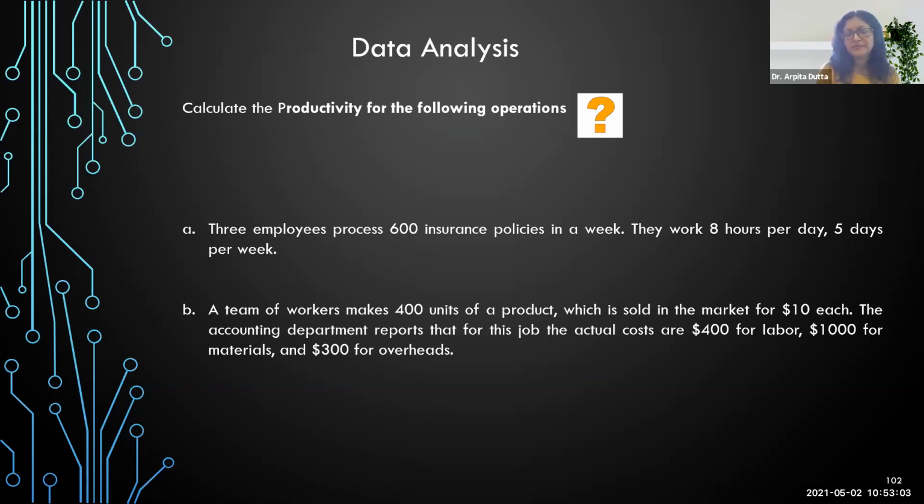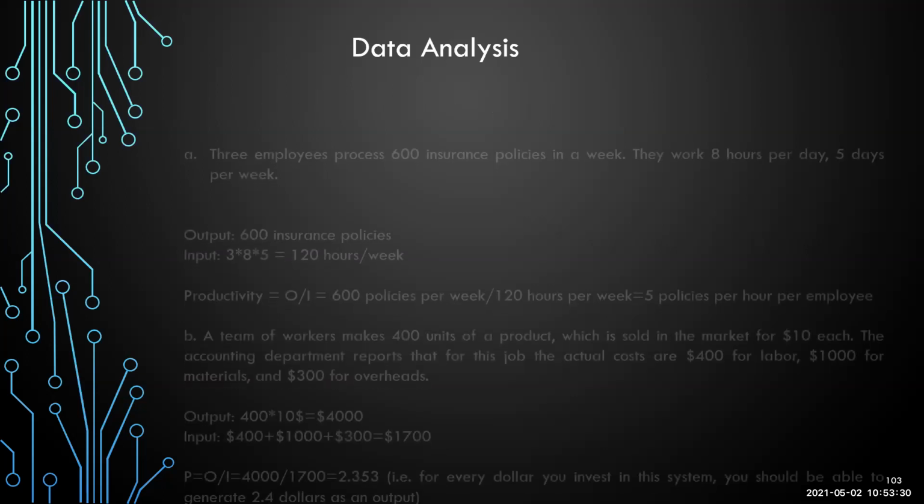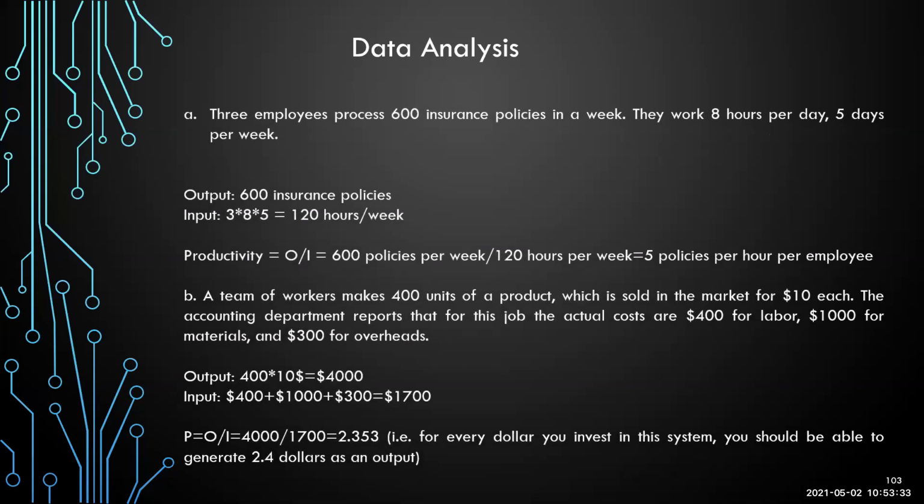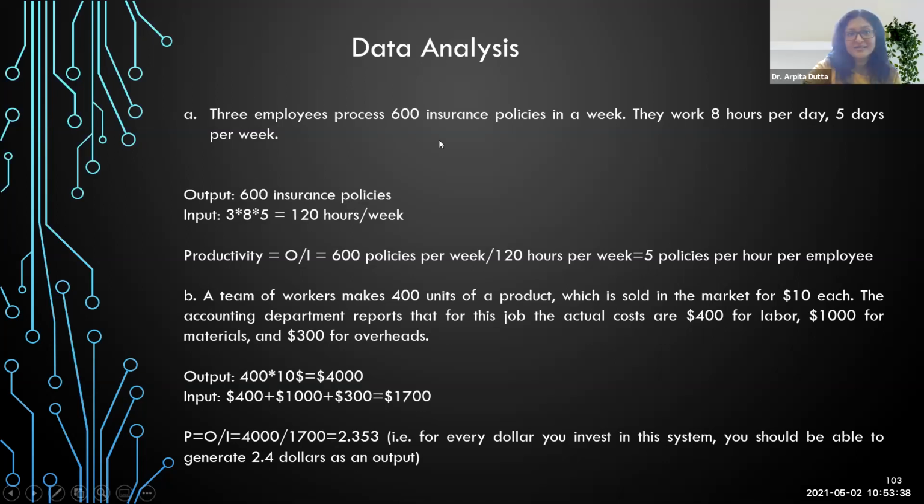What is the productivity? 200 per person. On an average, 200. Yes, 200. So that is output per week, right? So this is the answer.